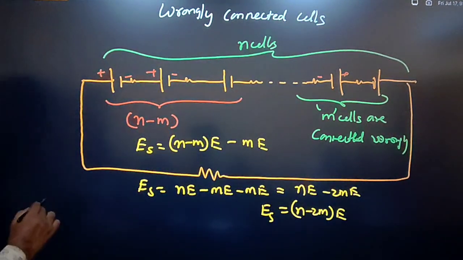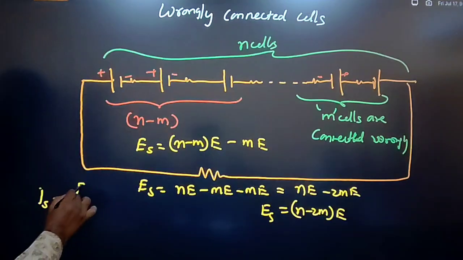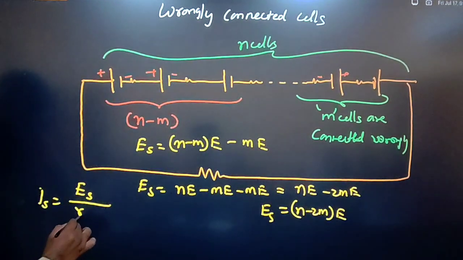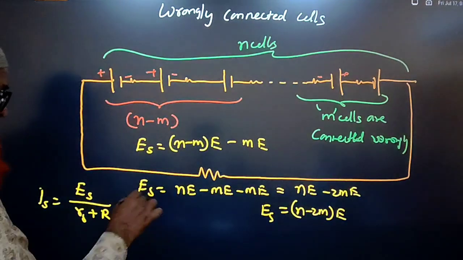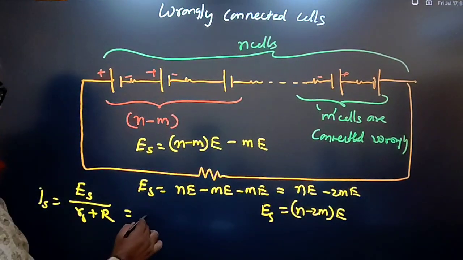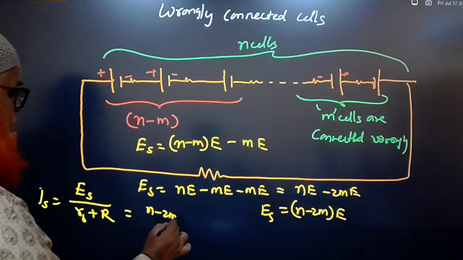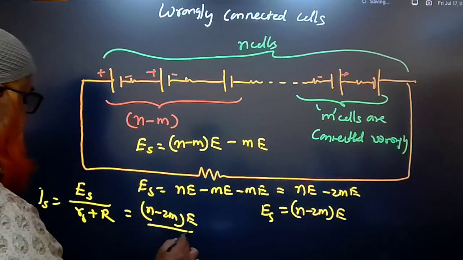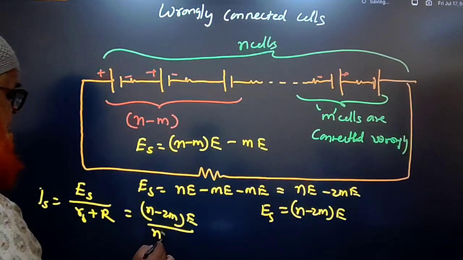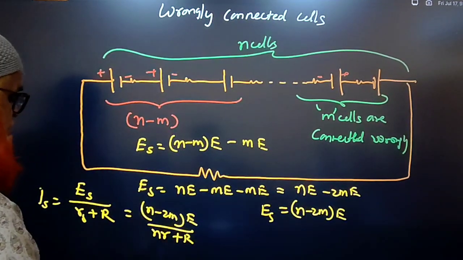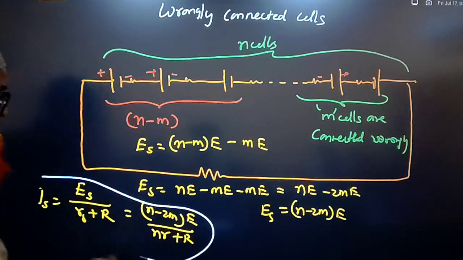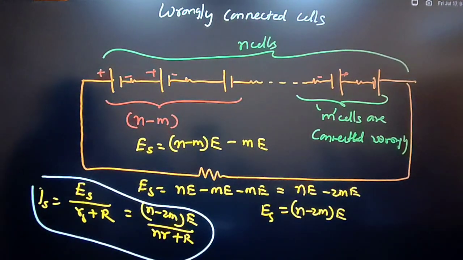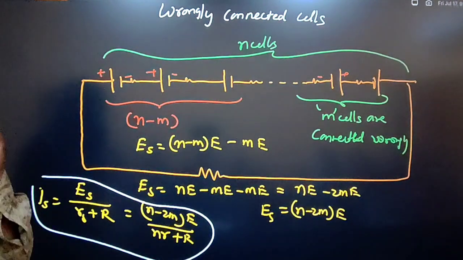As it is a series connection case, we can consider E in series divided by R in series plus capital R. But as it is wrongly connected, we write this as (N minus 2M) into E divided by N into r plus capital R. So this is going to be the final formula for wrongly connected cells. Hope you understood this one. This is the formula for wrongly connected cells.